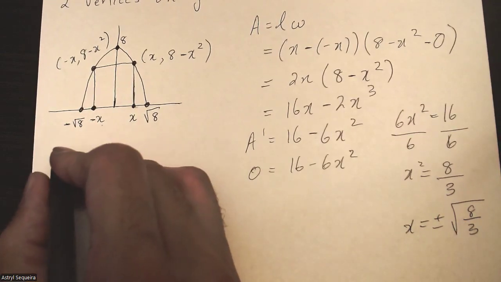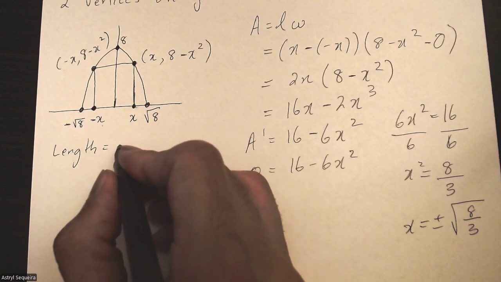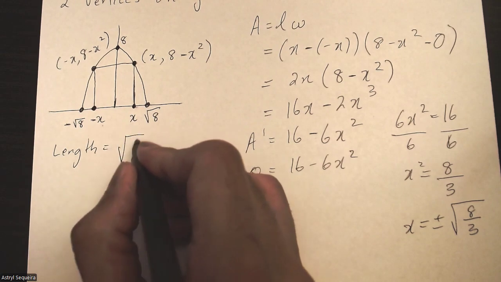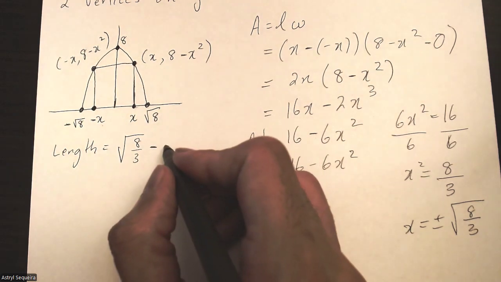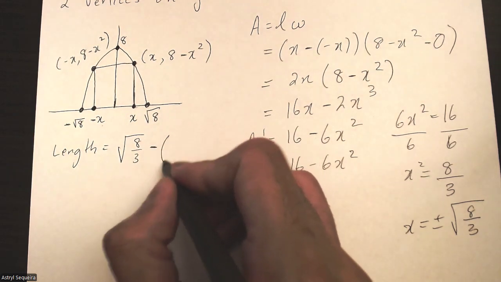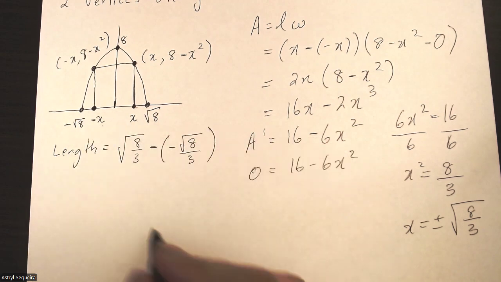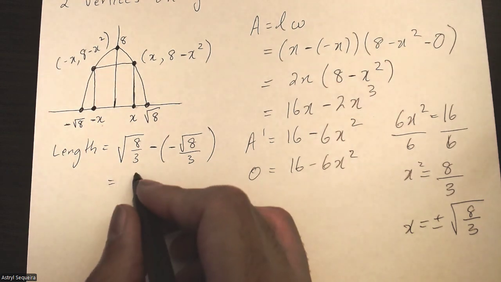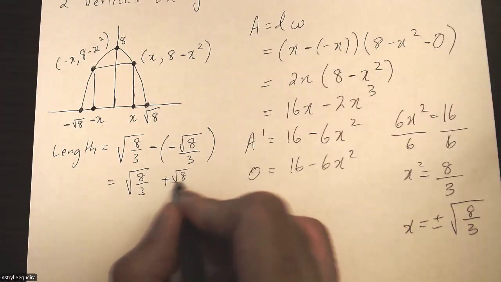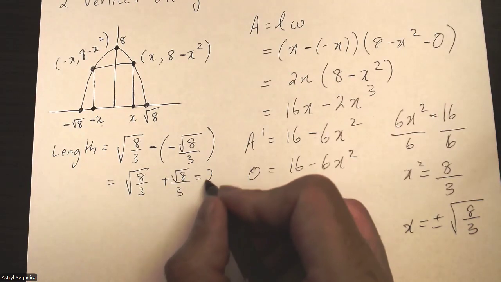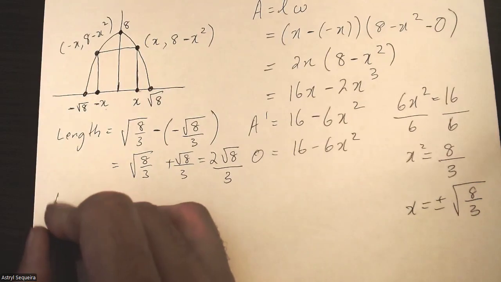So we know that since x is square root of 8 over 3, we can do the length of the base is root 8 over 3 minus negative root 8 over 3, basically that whole gap there, which is just root 8 over 3 plus root 8 over 3, which is just 2 root 8 over 3.